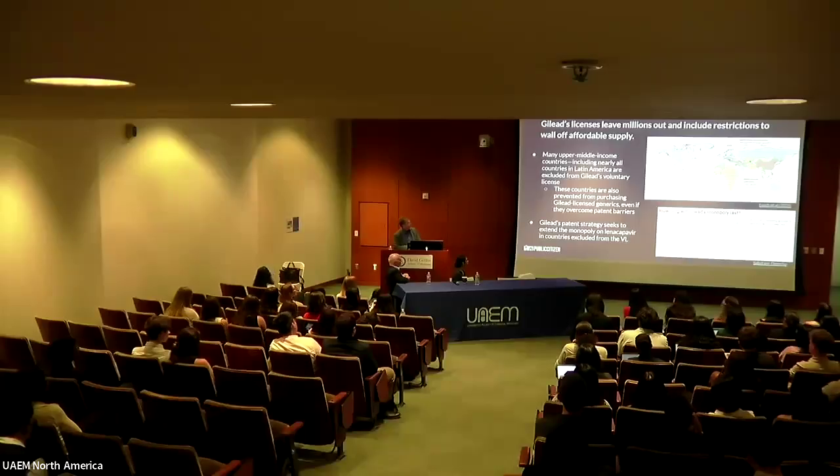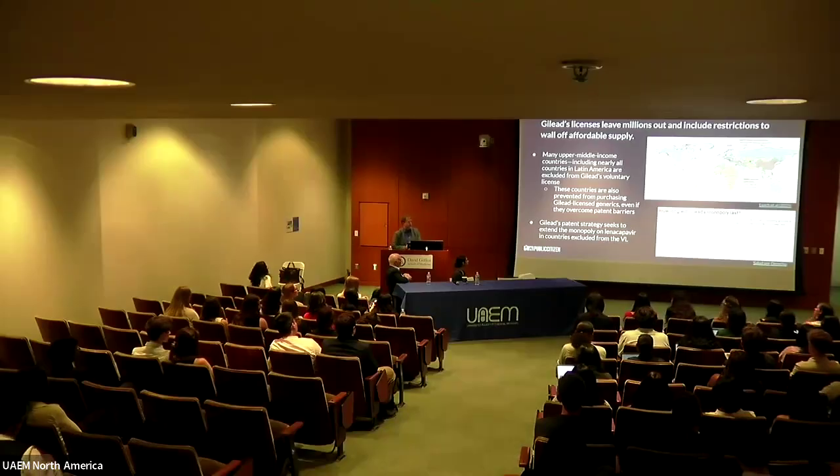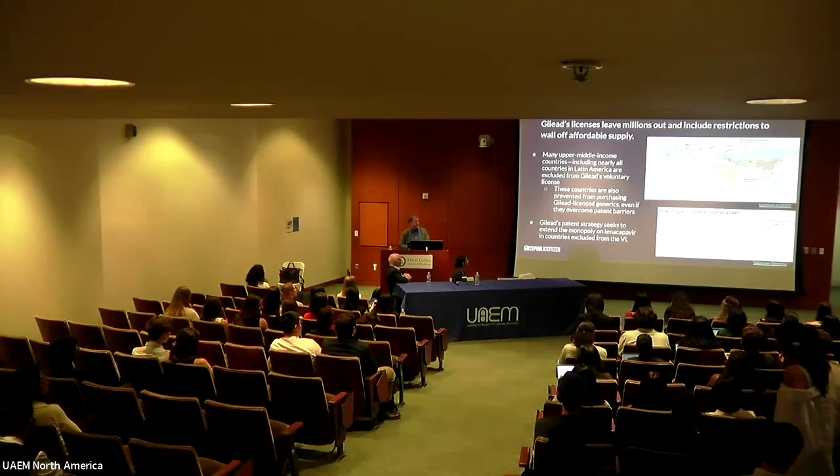People like me work on compulsory licensing, the option of the countries that are left out of this arrangement to seek other generic suppliers and try to trigger generic competition outside the license. We're hopeful, but it is tough when you have some of the most likely producers already bought in to an arrangement. They're not going to supply outside their deal with Gilead. So we have to find new potential providers in order to meet the need.